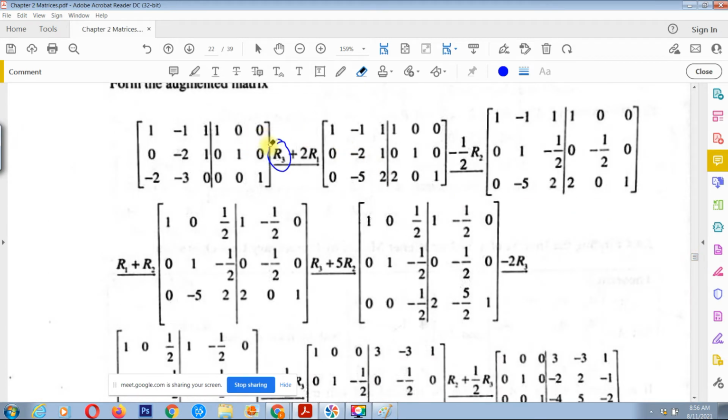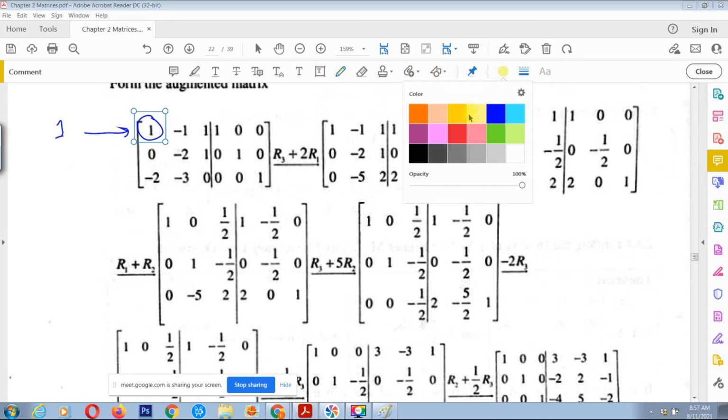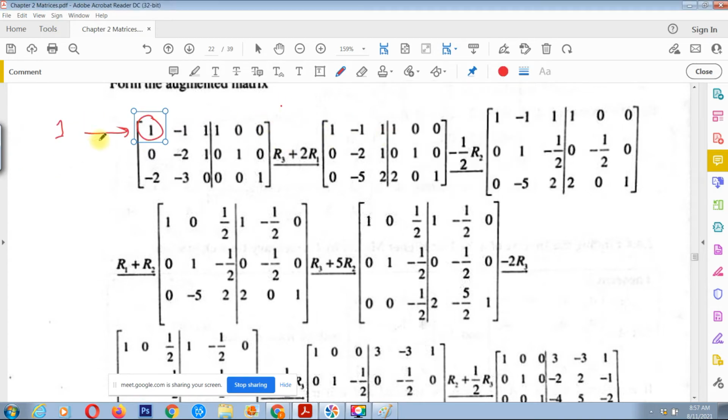What is the idea of elementary row operation? The idea is, first, make sure this will be 1. Step 1: make sure this will be 1.